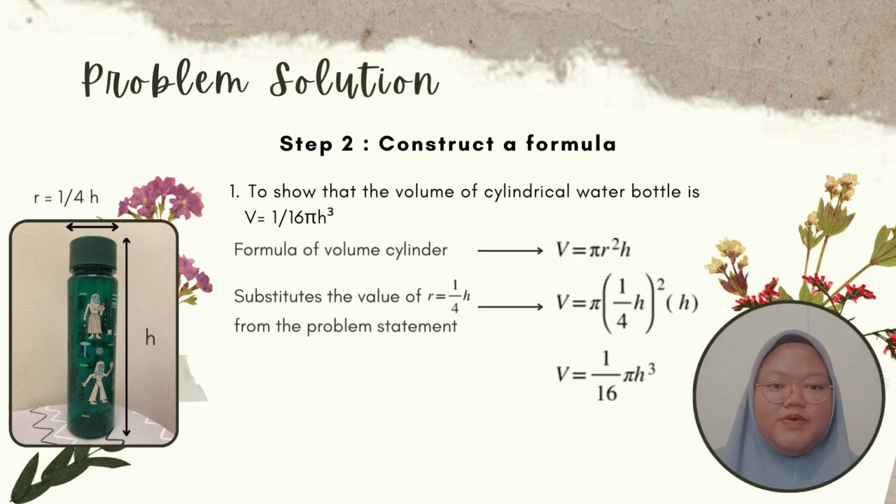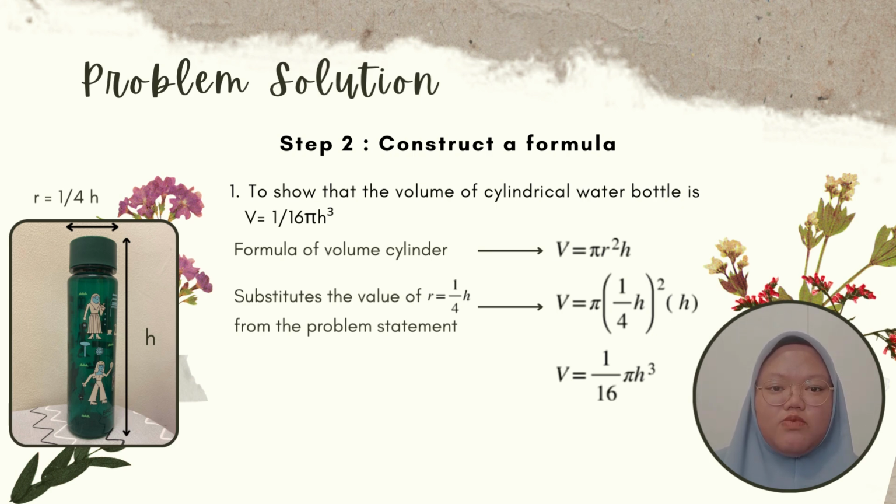Step number 2. We need to construct a formula or equation that relates the variables in step 1. From this step, we can achieve objective number 1, to show that the volume of the cylindrical water bottle is V equals 1/16 pi h³.